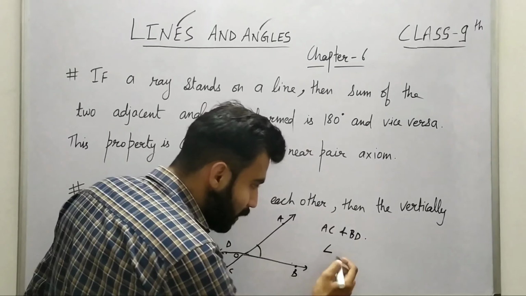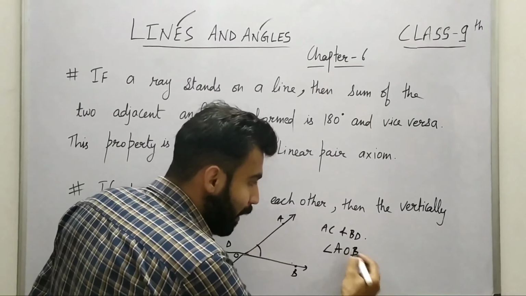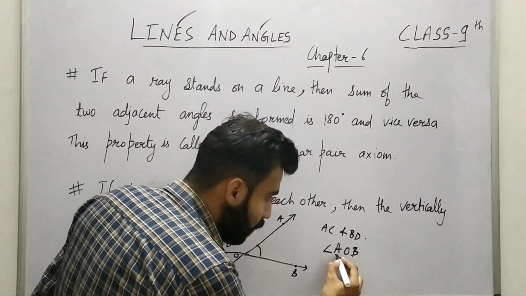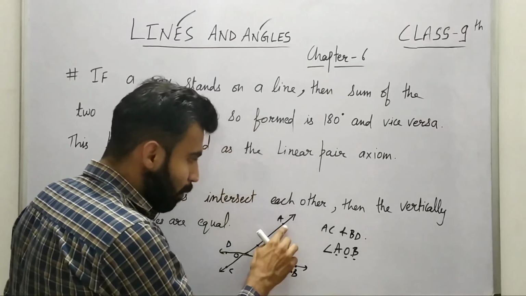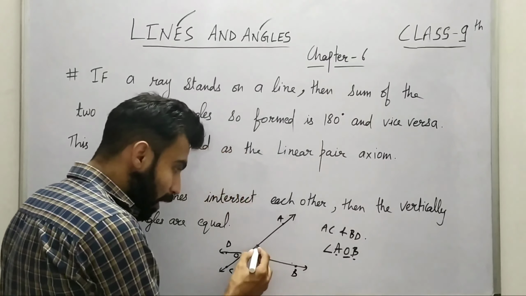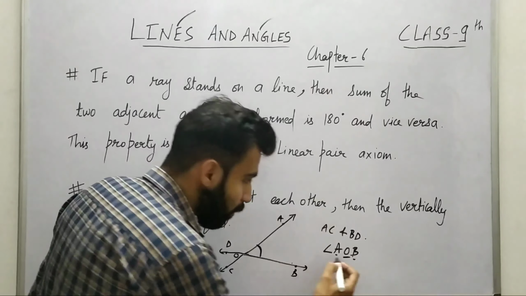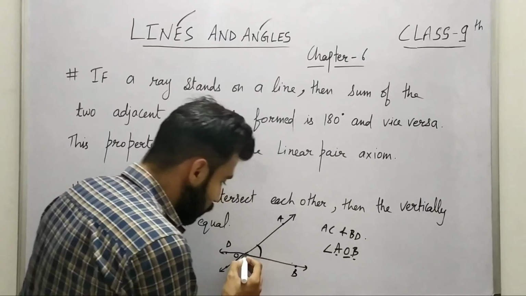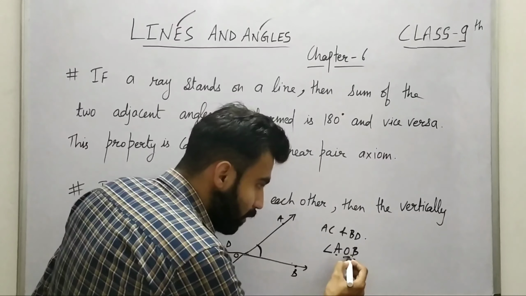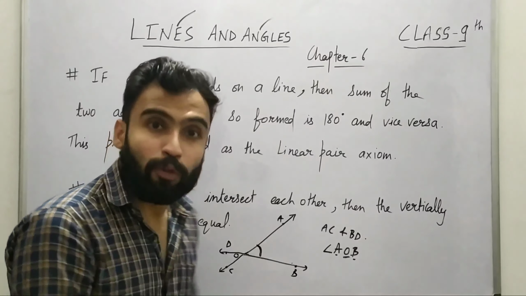You can write the angle sign like this. So AOB. You can see there are three alphabets here, namely AOB, right? And in the center one, you can see the angle is actually forming. So always keep in mind that you have to keep the alphabet at the center, the one at which the angle is actually forming.